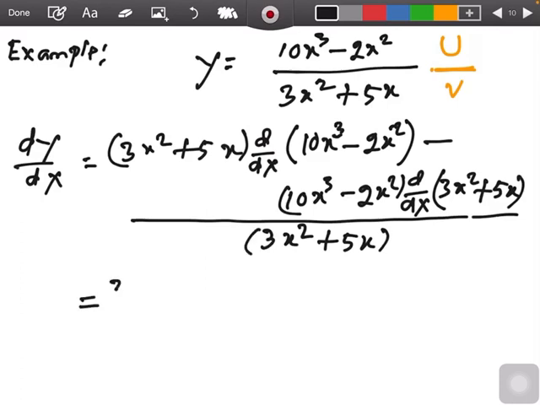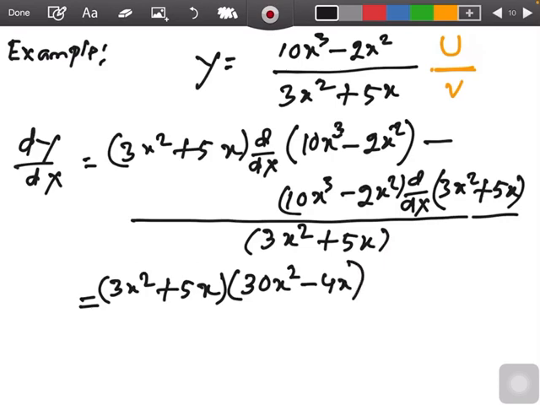So 3x square plus 5x into derivative of 10x cube minus 2x square कितना होगा? It will be 30x square minus 4x. Rule number 1 अप्लाई किए.